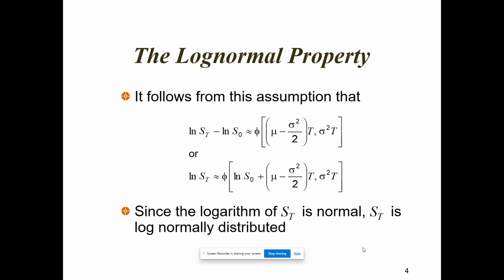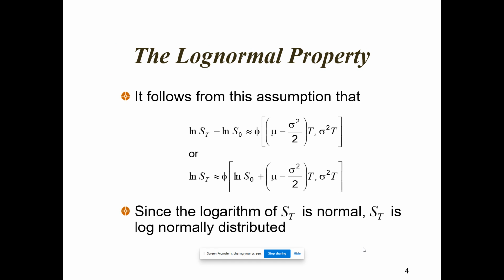Now, one important aspect you need to keep in mind is the log normal property, which we'll be looking at various points in time in this walkthrough. So the log normal of ST minus log normal of S0, which is the initial price, is given by a normal distribution: mu minus sigma square by 2 times t, where t is the time to maturity, comma sigma square t.